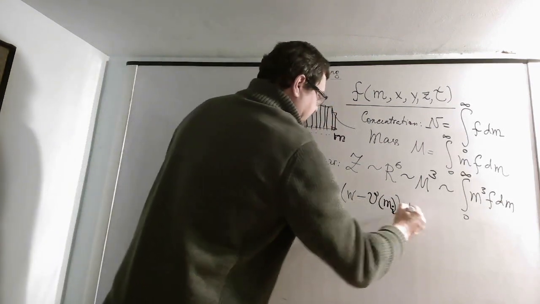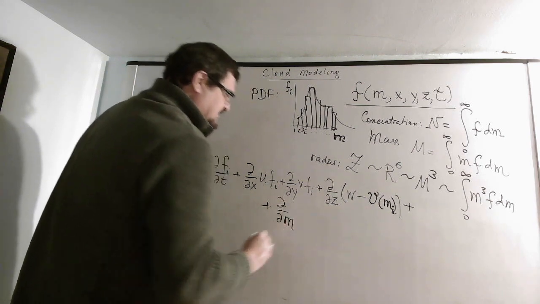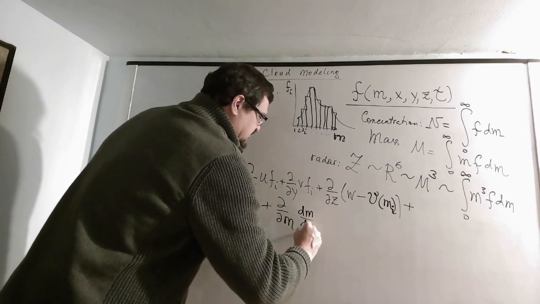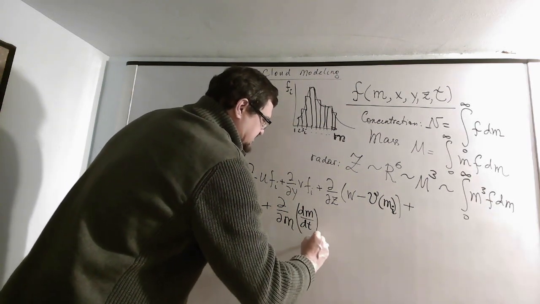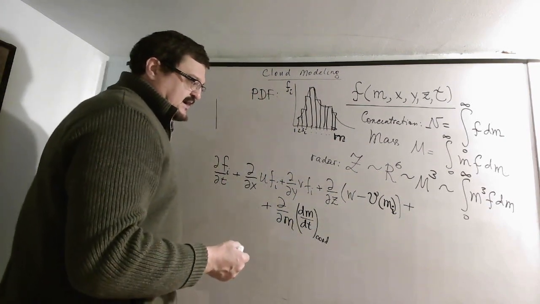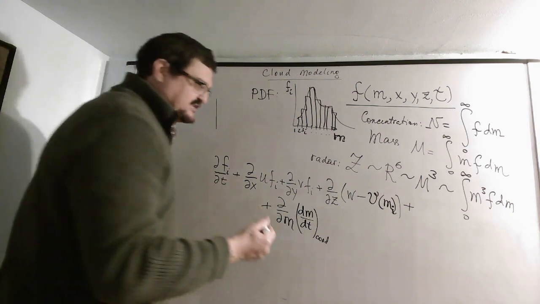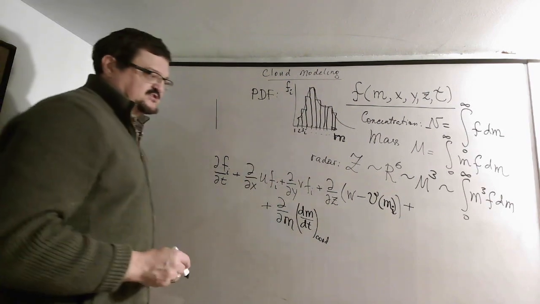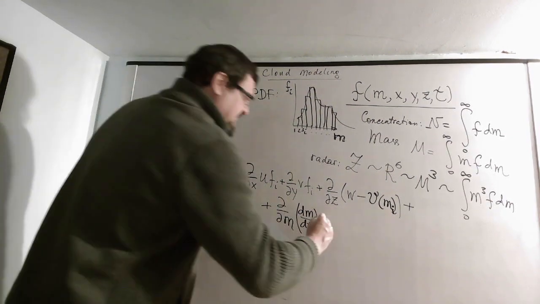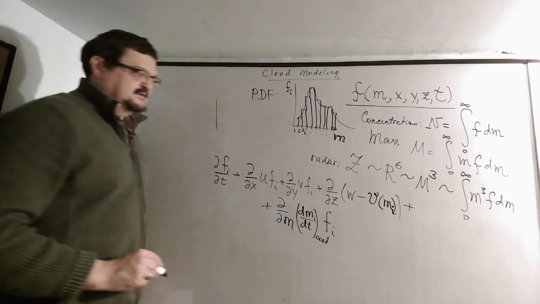So you need to add this term here: d over d mass of the rate of change of mass dm/dt due to condensation or evaporation, or in terms of ice, sublimation or deposition. Let's call it just generally condensation. This is your velocity in that space times f_i, dm_i/dt.